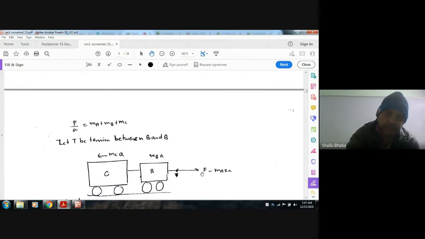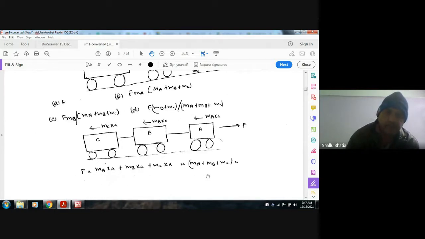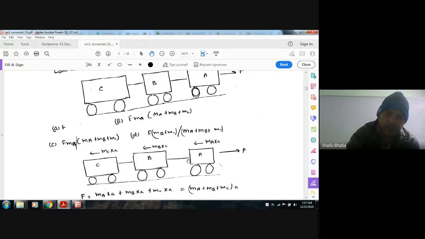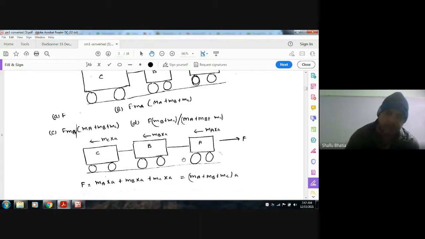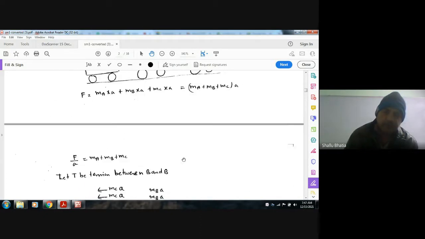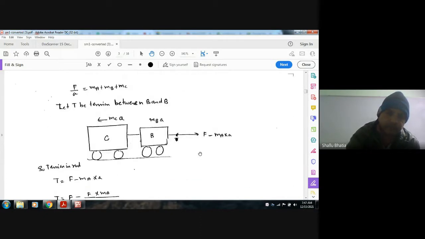The force in this direction is F, and MA into a acts in the opposite direction. So F minus MA into a will be the force acting in the positive x direction, and T is the tension.